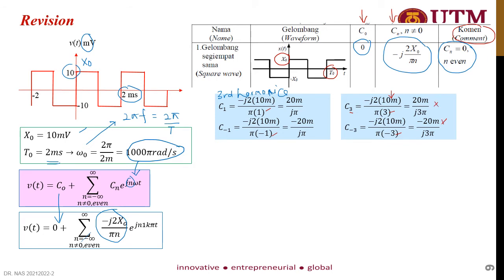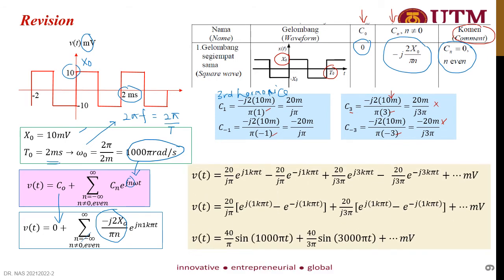Okay, next you need to compile them up. So Vt equals C naught, which is 0, plus C1 e^(j 1 omega t). In this case, omega is 1000 pi, and you have j underneath here.